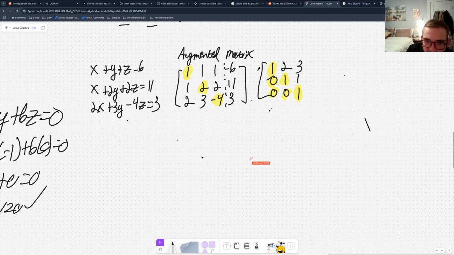Yeah, exactly. So we're going to do row 2 minus row 1 into row 2. Right? Cool. So we didn't do anything in row 1. We put a 0 here. Yep. We didn't do anything to row 3.